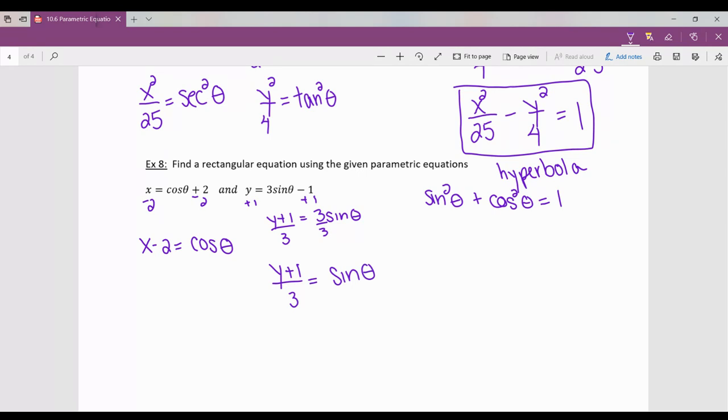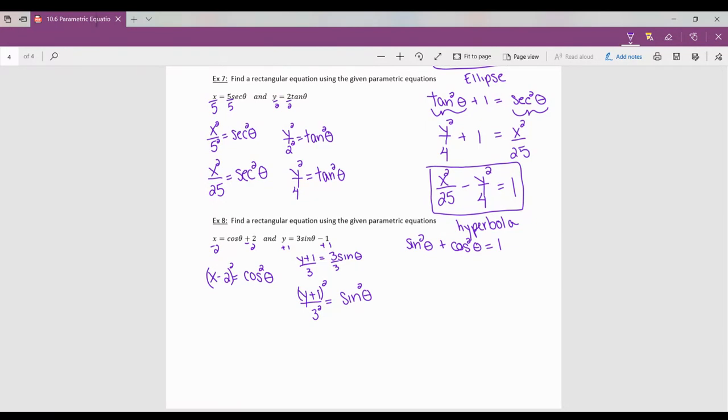So now I square both sides, both squaring the numerator and the denominator. So I get y plus 1, and I'm leaving it with the parentheses squared, over 9 equals sine squared. All right, so let's fill in.